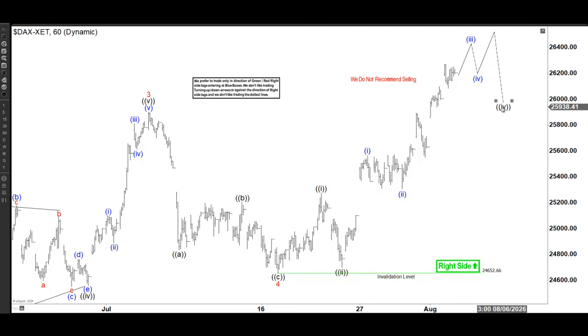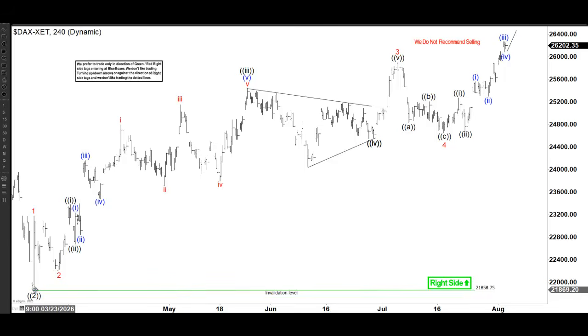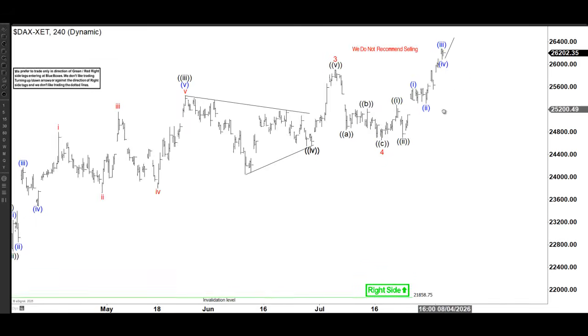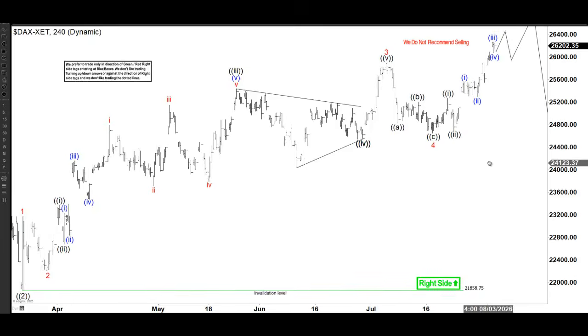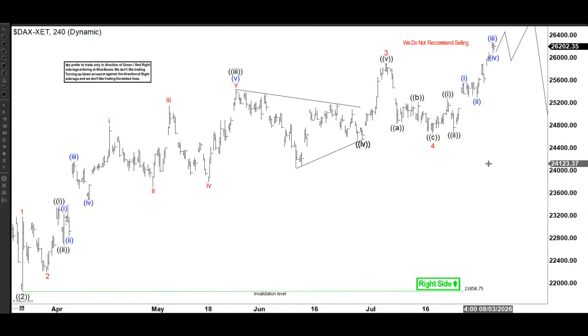So for now, what we're expecting is a little more upside in the DAX from July 17 and also from March 23rd. After we finish this cycle, the market will do a 3-wave pullback before the trend renews. A very technical, well-defined pulse and easy to follow.